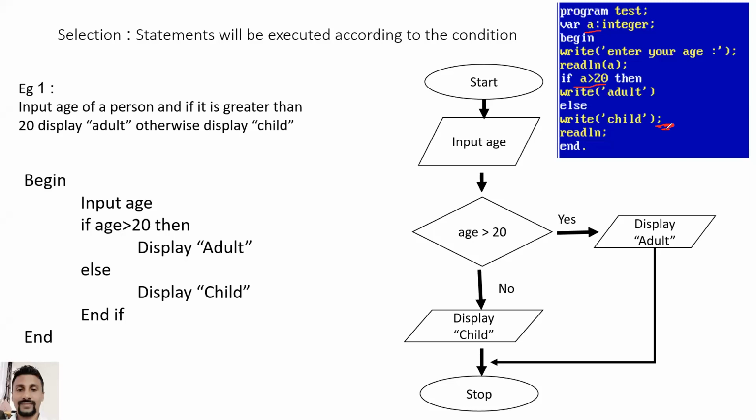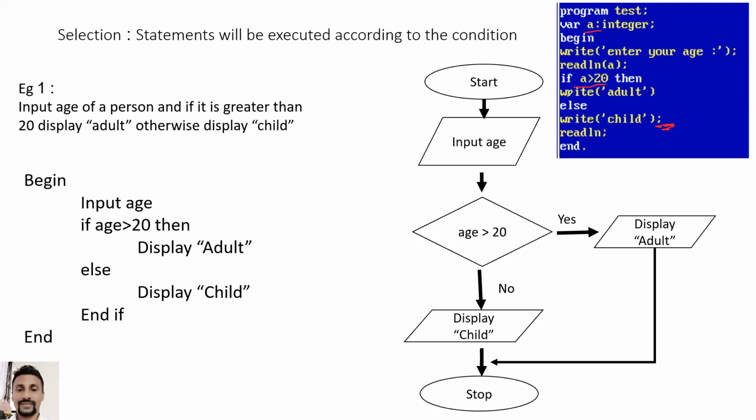The compiler will detect that the if condition is ending in this place. So in other parts you don't want to put a semicolon. If you put a semicolon, that will be an error. You are getting an error message. You have to put the semicolon only where the if condition ends, right? So this is the selection.